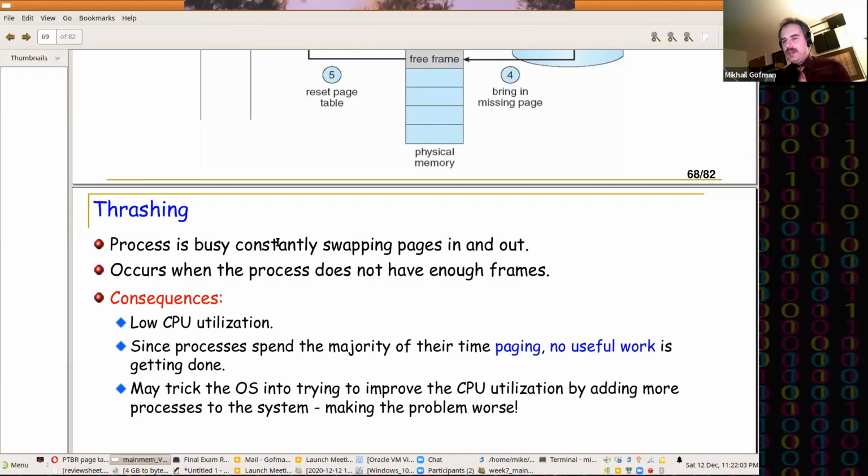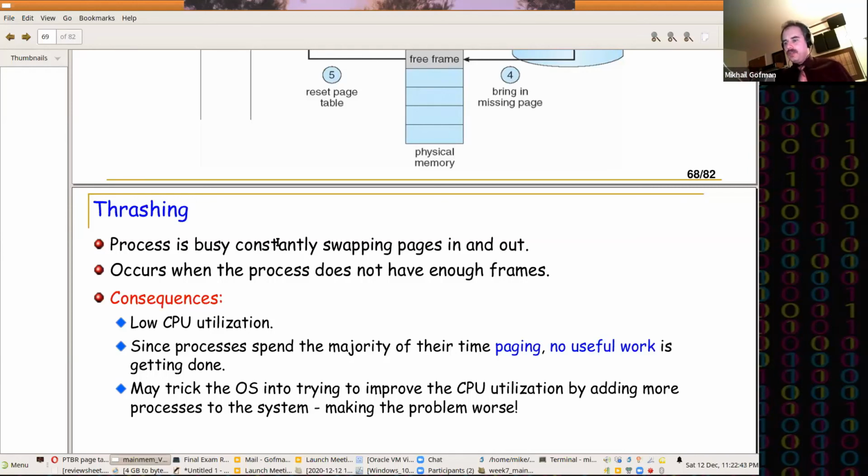Now, let's say this happens. Part of the process memory is on the disk and part is in the physical memory. Let's say the process wants to access a page that is on the disk. Well, in that case, we will have to take one of the physical frames that is already mapped to the page of a process, possibly another process, save its contents onto the disk so we can free the physical frame to store the incoming page of the process.